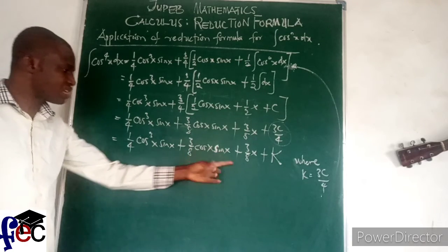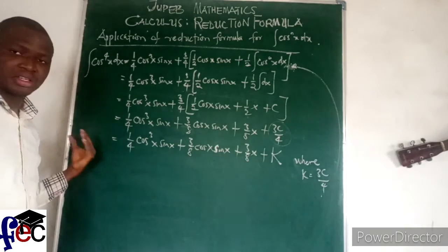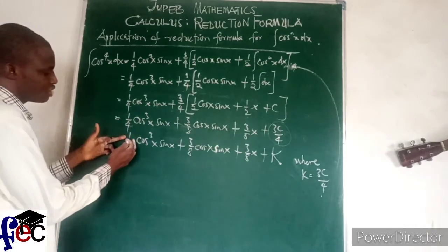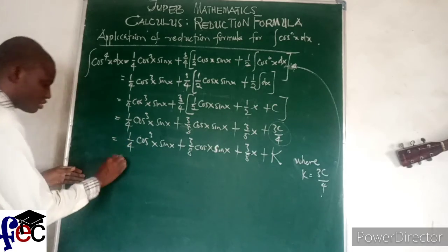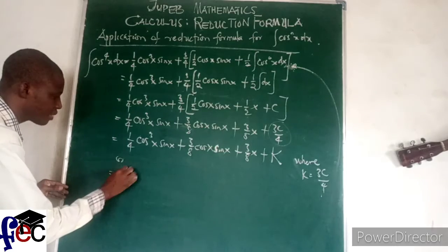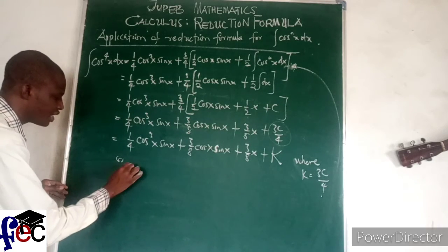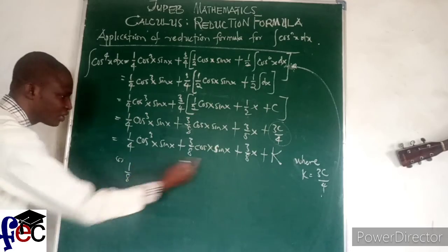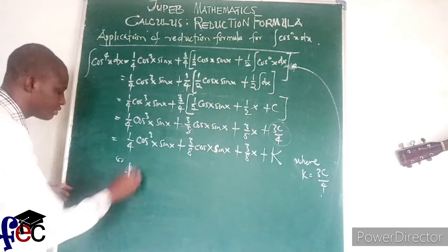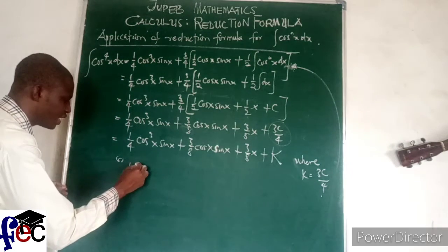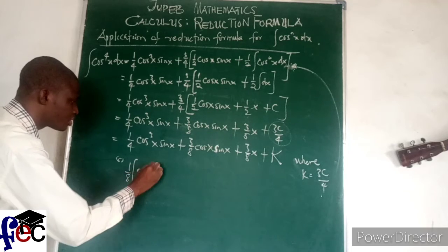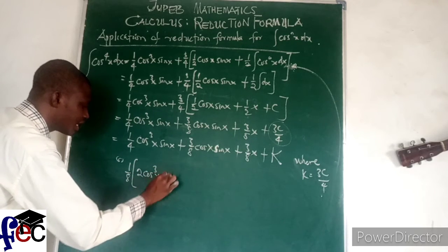If you now like, you can decide to factor out 1 over 8. That's just representation. If you factor out 1 over 8, because that is the highest denominator in this case now, then I have 1 over 8, then this will give me 2 cos cube x sine x.